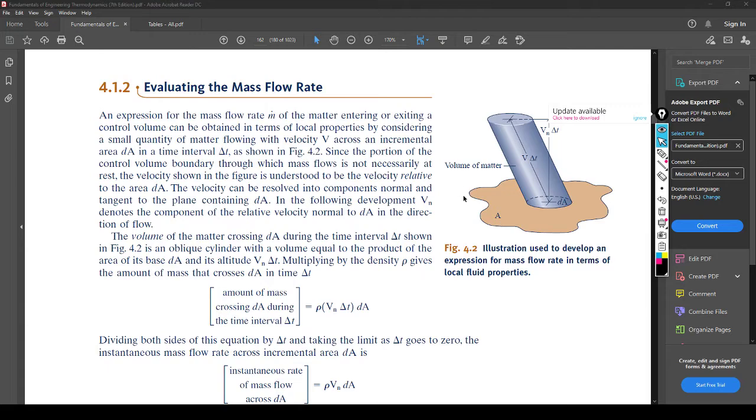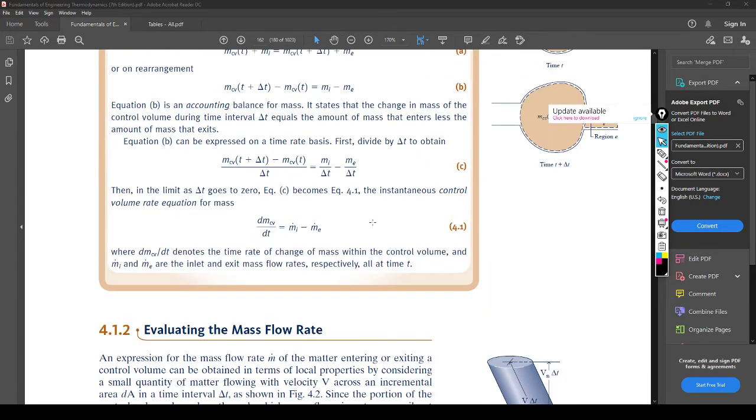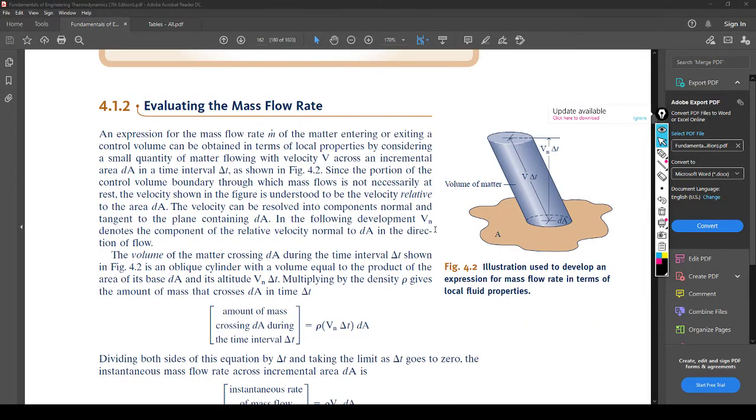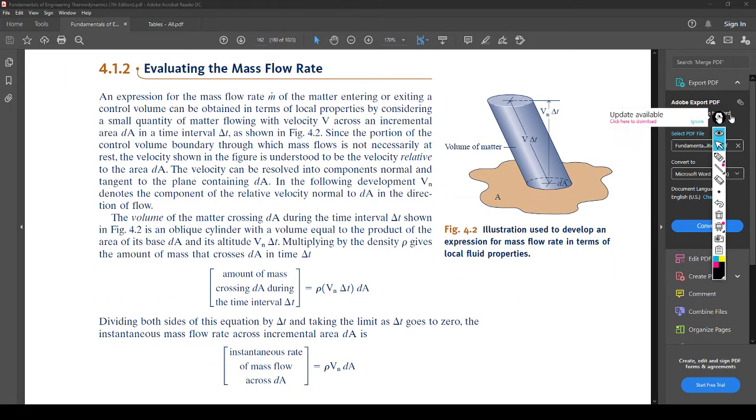All right. So then we have evaluating the mass flow rate. This is just a rearrangement of the equation. What this means is that you guys are going to have to find ways to find mass flow rate, and so we have to figure out how to do that.